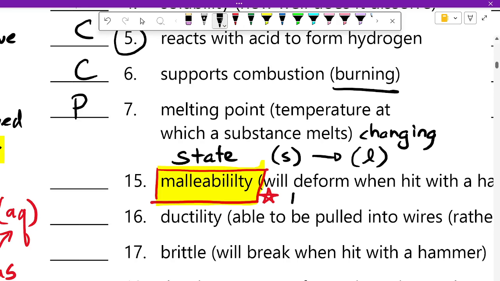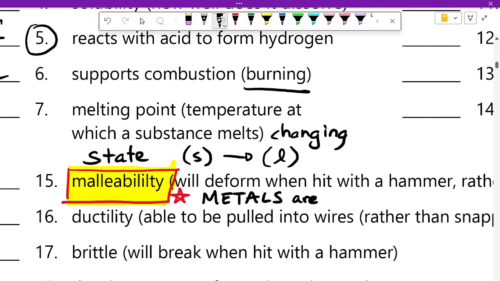Metals are malleable. And this is one of the ways that this particular section ties in with the periodic table, because on the periodic table, you are going to be able to recognize which elements are metals and thus are malleable, and which elements are non-metals and thus are not malleable.